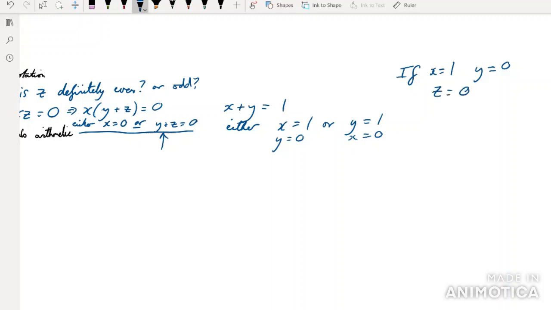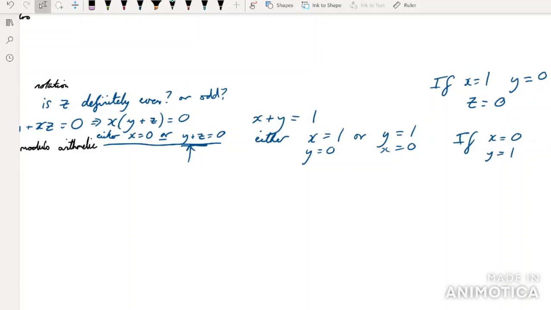So that's the one case. And then in the other case, if x equals 0, y equals 1, and in that case, we don't need y + z to be equal to 0. So in that case, z could be anything. And so we can't conclude that z is definitely even or odd.